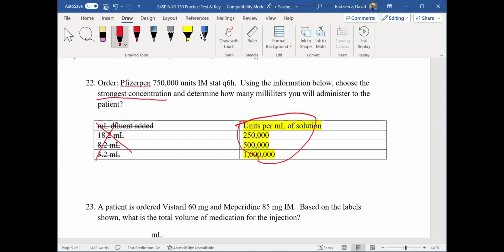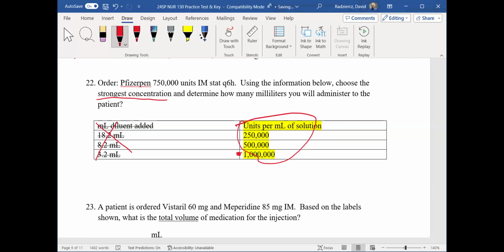So just like question 21, it says to choose the strongest concentration. Which one is the strongest? Is it the 250,000 units per ml, 500,000 units per ml, or 1 million units per ml? And so this would be the strongest concentration. Okay.